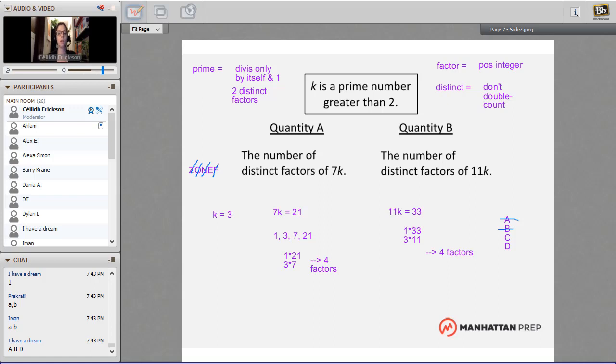But here's my challenge to you. Instead of just testing the next thing, I want you to think: when would these not be equal? In other words, is there a way to get more than 4 factors for one of these or fewer than 4 factors for one of these? And Valeria is onto something.